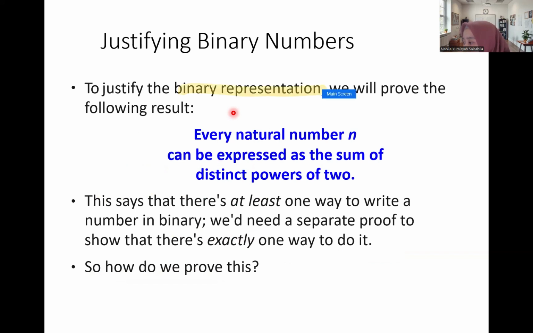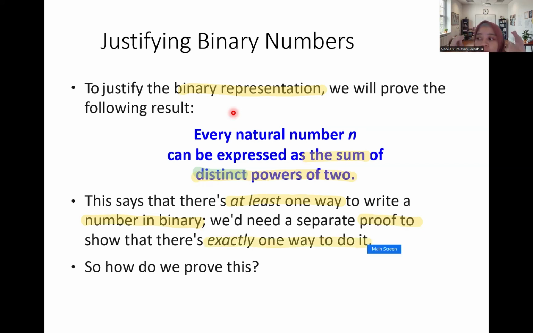A binary number is the sum of distinct powers of 2. Remember, distinct. This says that there's at least one way to write a number in binary. We need a separate proof to show that there's exactly one way to do it.